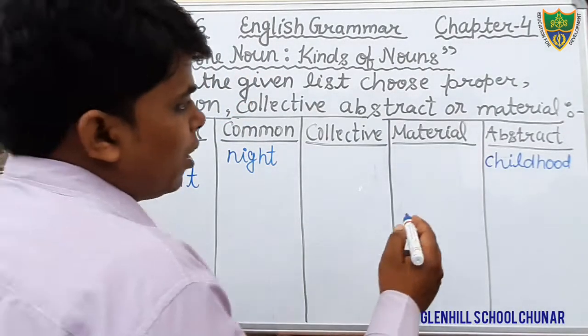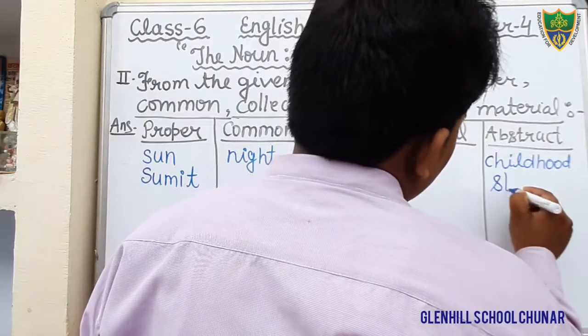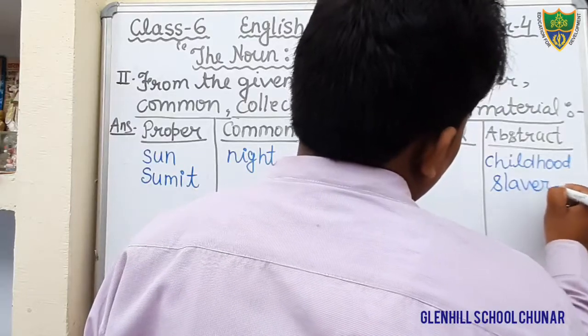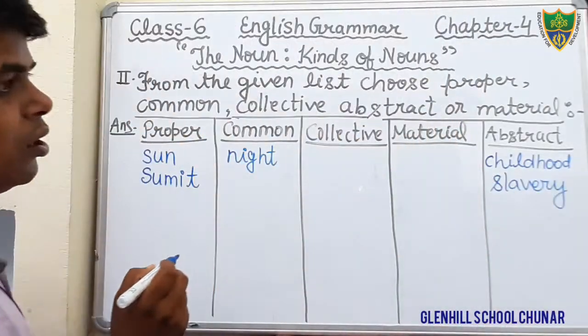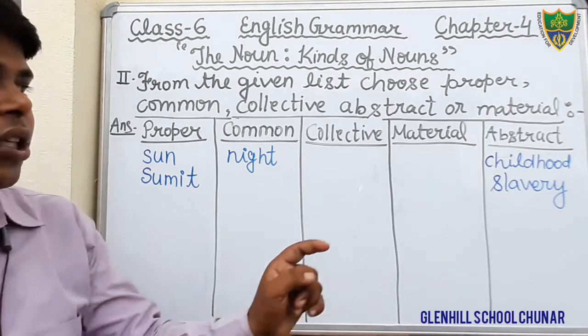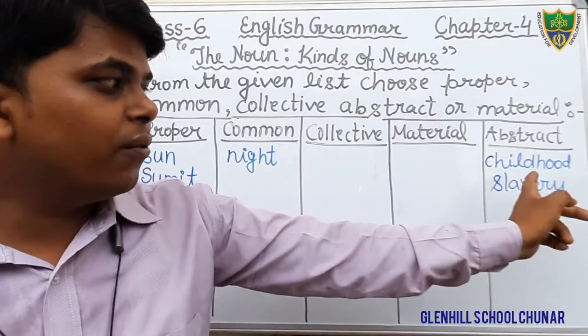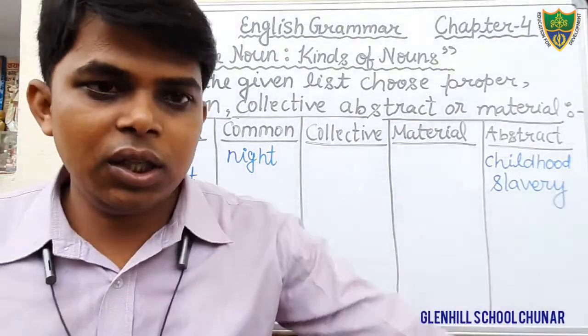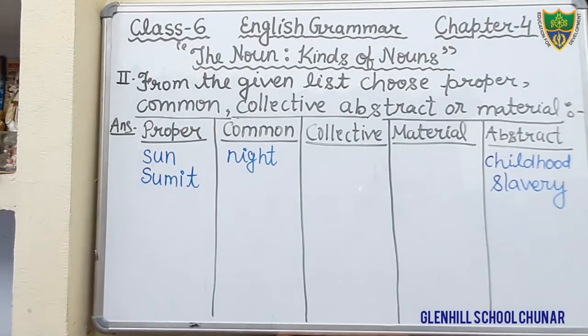So in the column of abstract, you will write the word slavery, SLAVERY. Okay, students? So just write down slavery in the column of abstract noun.